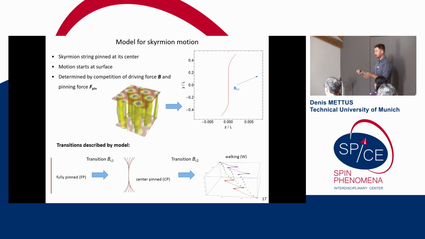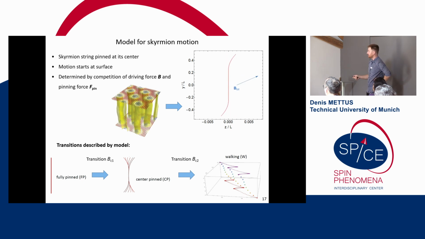And within this model, there are two transitions. The first transition is when you just see any motion of the skyrmion, any bending of the skyrmion tails, but the center is still pinned. The second transition is when the whole skyrmion is unpinned and you have either a walking phase, or, without current, it is probably just wiggling around, or it can be running.